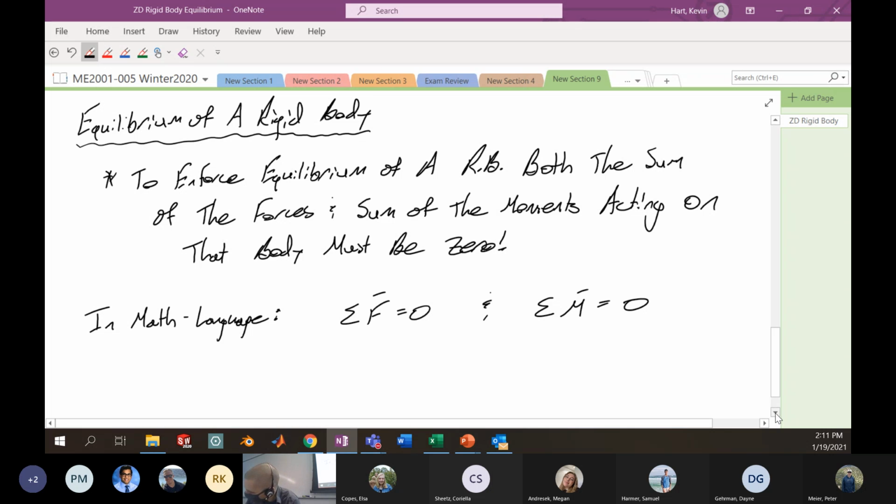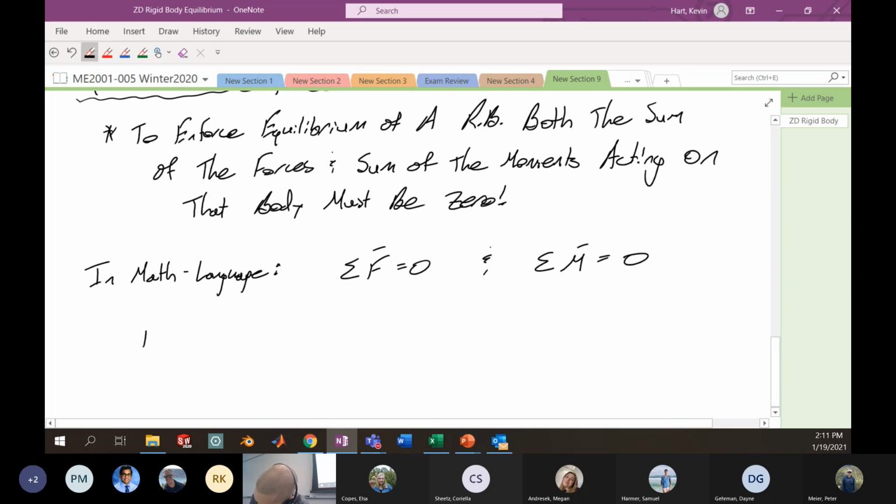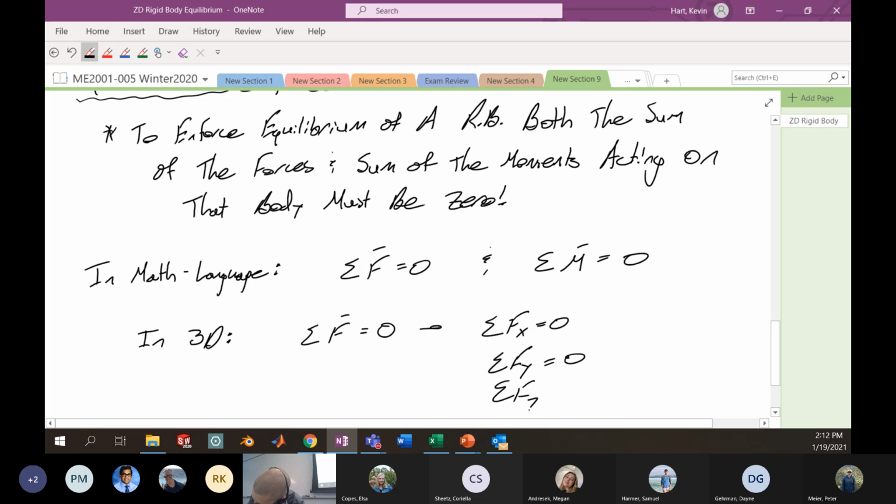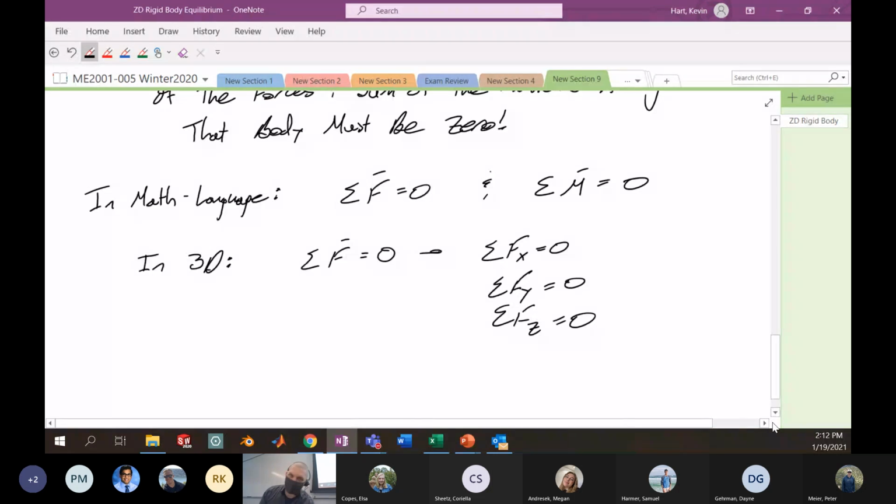Okay, so let's start with 3D. I think that's pretty obvious. In 3D, you're going to have like the sum of the forces equal to 0 leads to sum of the forces x equals 0, sum of the forces y equals 0, sum of the forces z equals 0. And now we're also going to have our moment contributions.